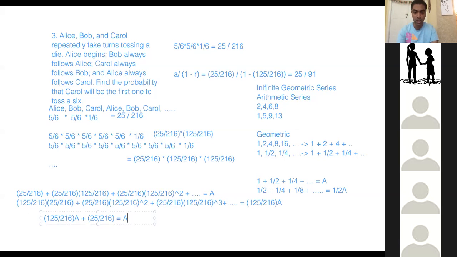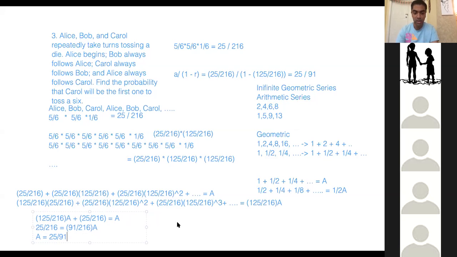Now if we solve for a, we can subtract this 125 over 216 a from the other side. So we get 25 over 216 is equal to 91 over 216 a. And you can solve this and get a is equal to 25 over 91.